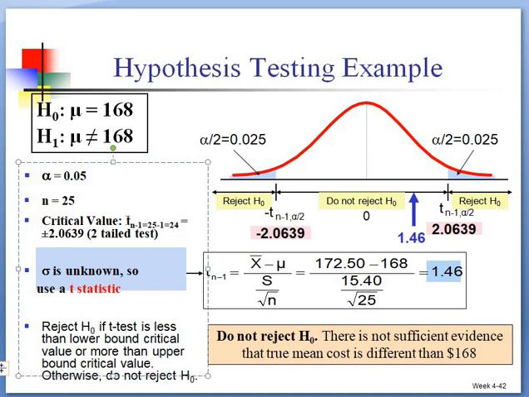So t24 is equal to positive negative 2.0639.